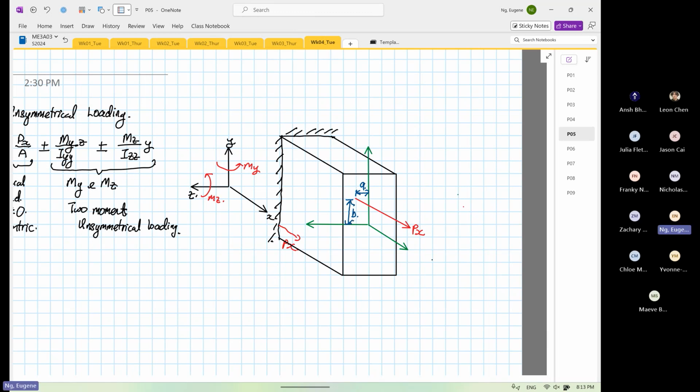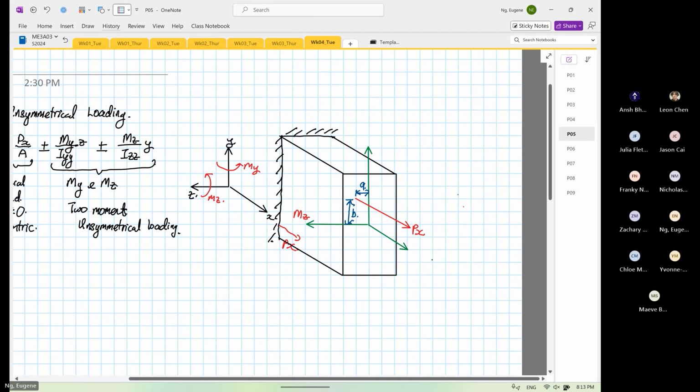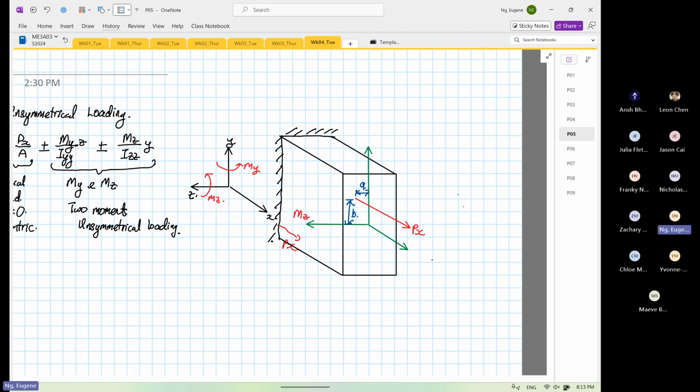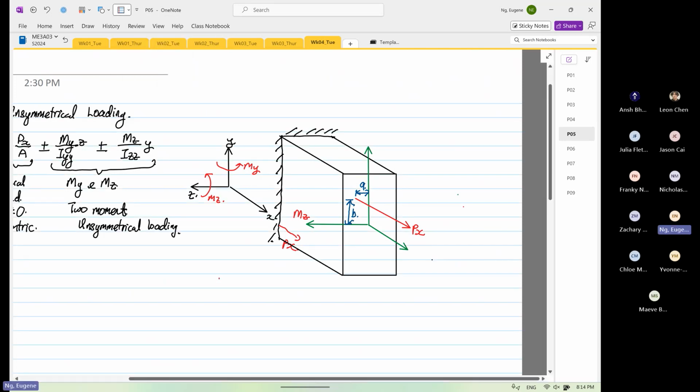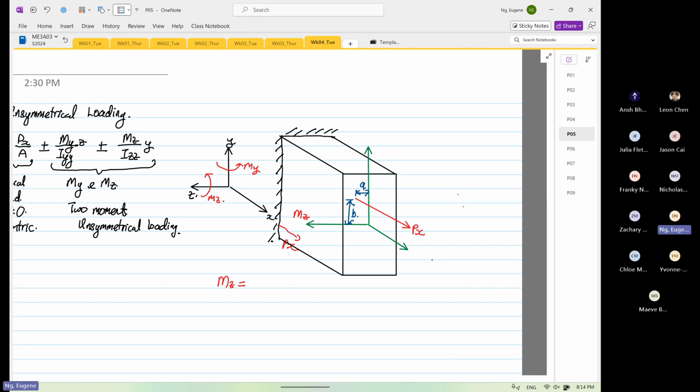And then if we were to look at moment about Z, based on Px, moment about Z is equal to force, which is Px, multiplied by the perpendicular distance of B. And the orientation you're doing is this way, so this is under compression. Anything on top is under tensile.